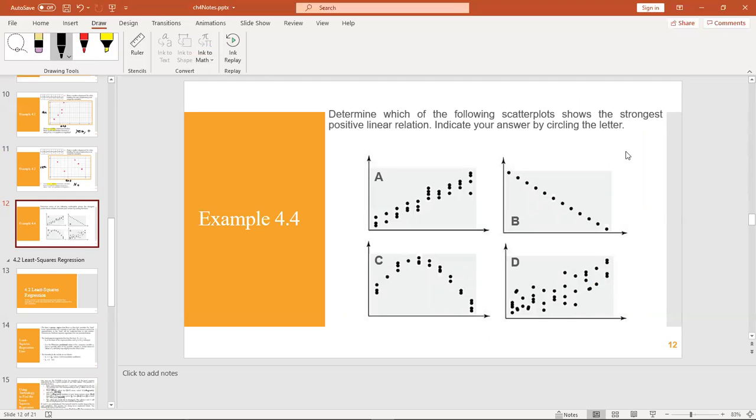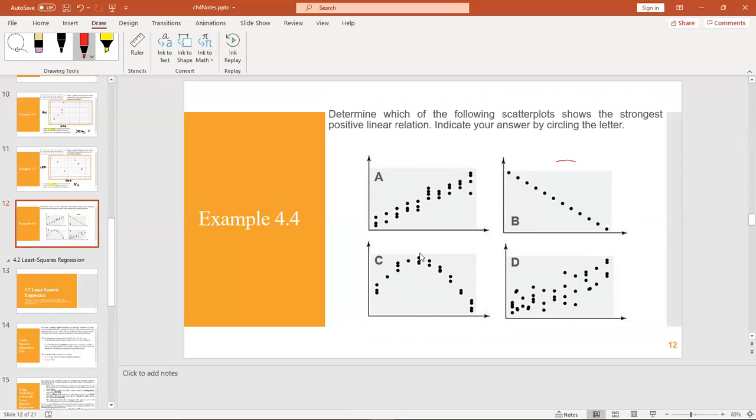Determine which of these scatter plots shows the strongest positive linear relation. All right, well, we're going to do these a little bit out of order. This is by far the strongest relation, but the problem is this is a negative slope, because as you move to the right, it's going down.